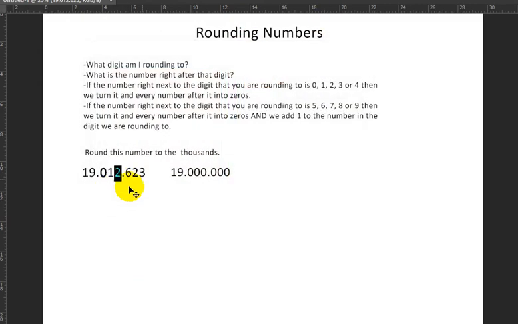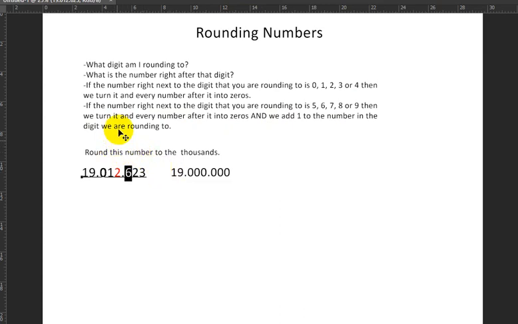I'm rounding to this digit. I would look to the number right after it, which is 6. Now we're in the second case, where the number right after the digit that we are rounding to is 5 or more. It's greater than or equal to 5.